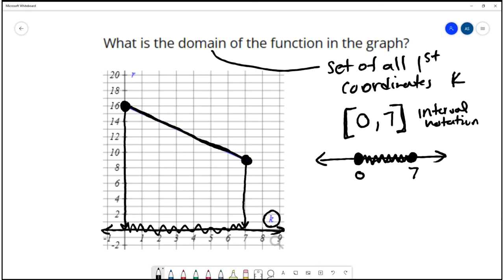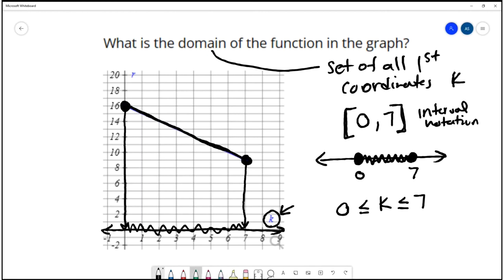Another way to write the domain would be using inequalities. So we're going to use k as our variable, which is listed here. And our domain is all numbers in between 0 and 7.